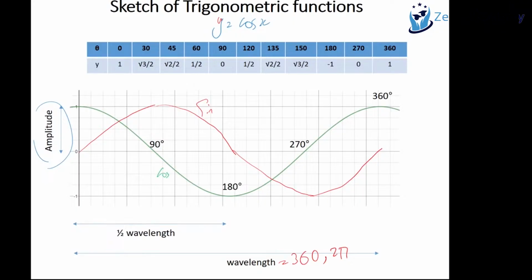If I take this sine and move it 90 degrees to the left, that would be exactly like cosine. Or, in other words, if I take the cosine and move it 90 degrees to the right, that would be exactly like sine.